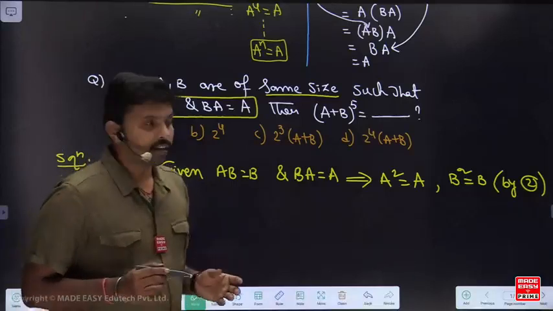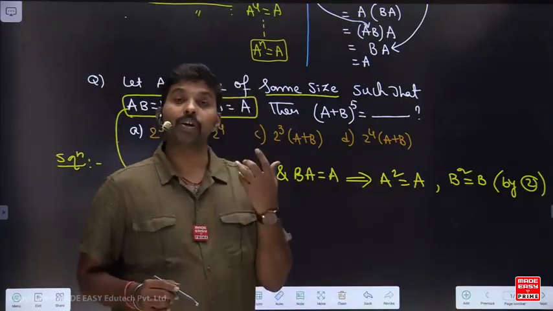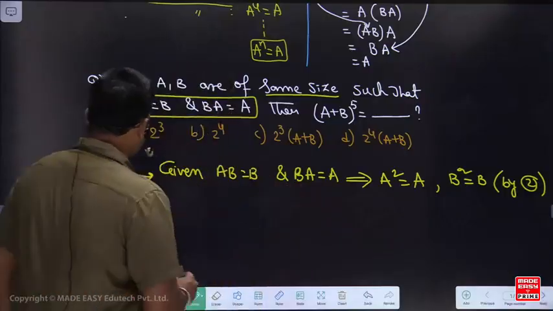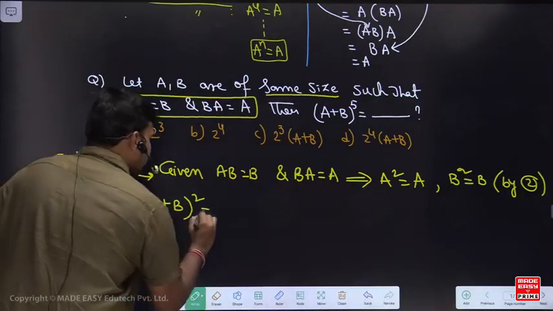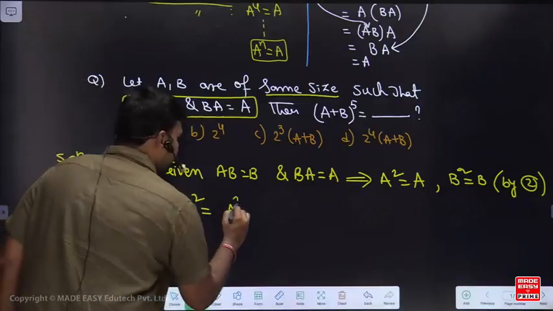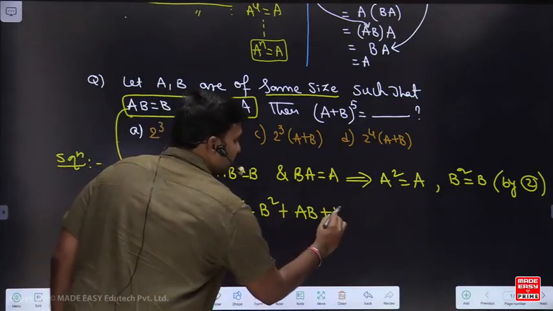Generally, using AB, BA, A square, B square, we can get (A plus B) whole square. So first of all, (A plus B) whole square can be written as A square plus B square plus AB plus BA.